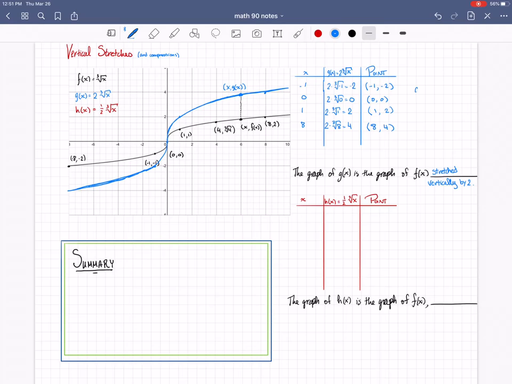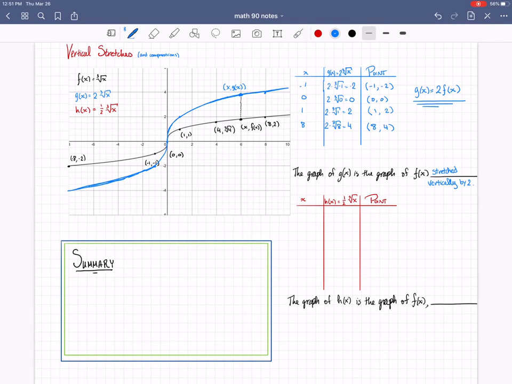We'll write g of x is equal to 2 times f of x. Okay? So that's what we're seeing to be true in general, that the outputs that the function g assigns are double the outputs that the function f would assign to the same inputs.